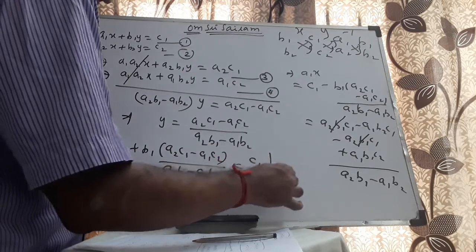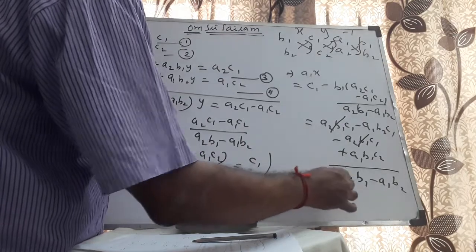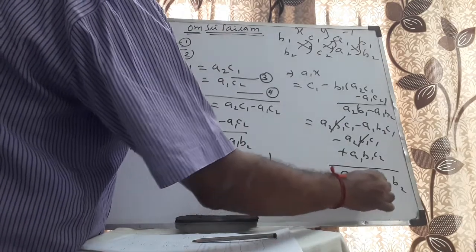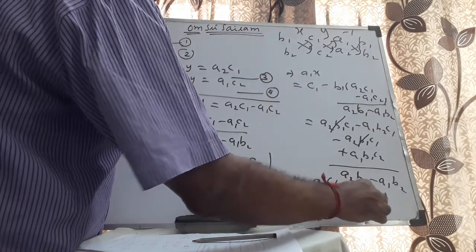Now this will imply a1x is equal to a1 into b1 c2 minus b2 c1 divided by a2 b1 minus a1 b2.